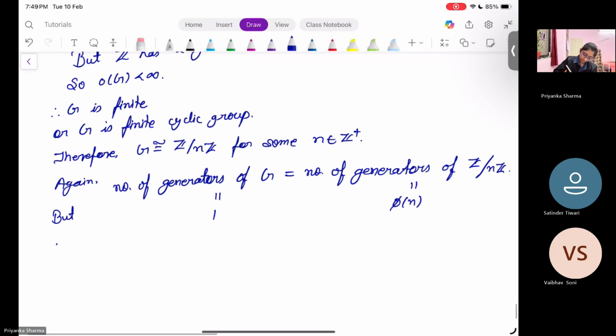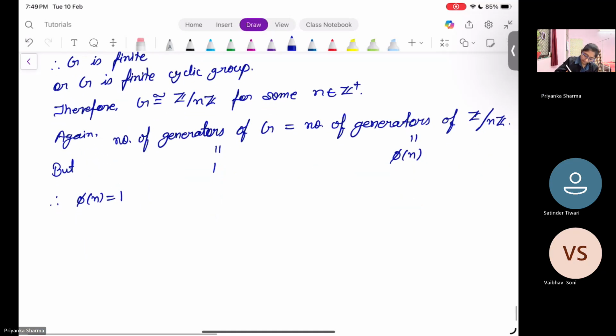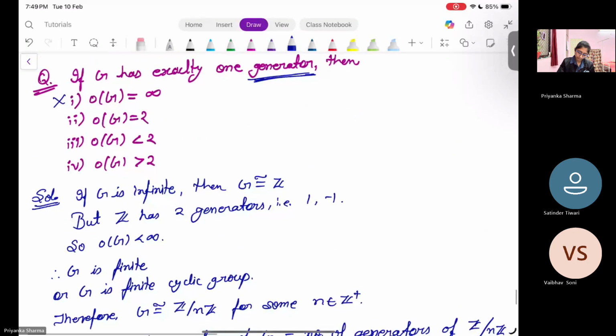Therefore, phi of n is 1, and phi of n is 1 if n is either 1 or 2. Therefore, order of G is less than or equal to 2. So actually these two can be true, or if I merge this, you can say this is true.